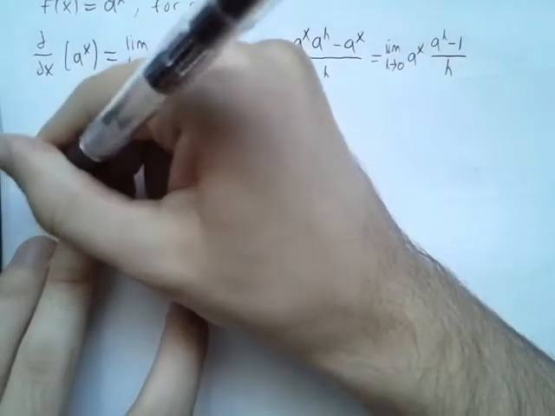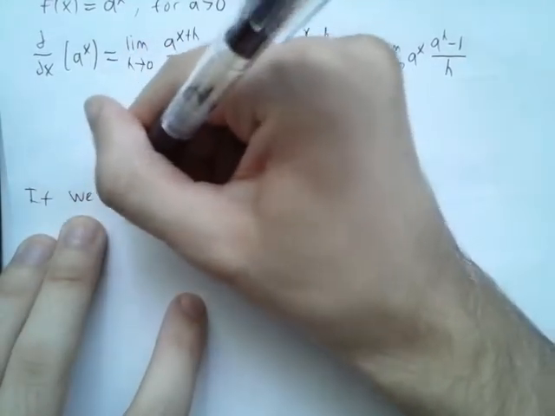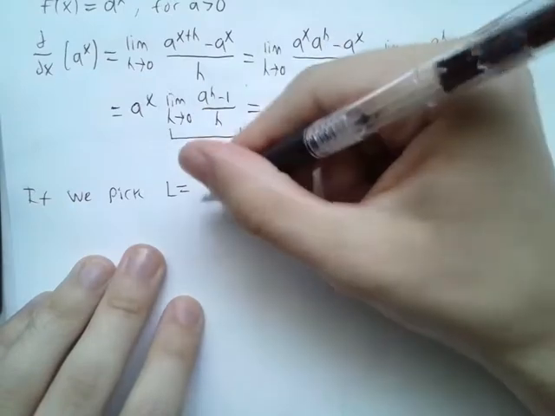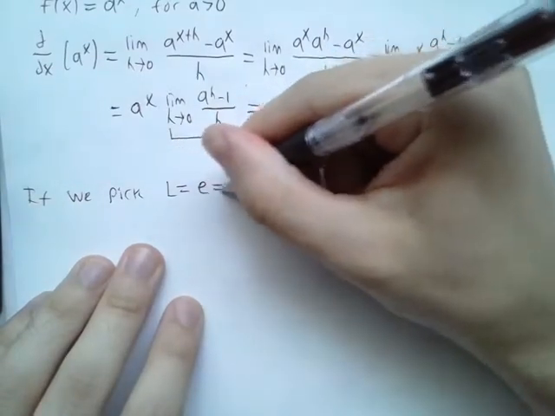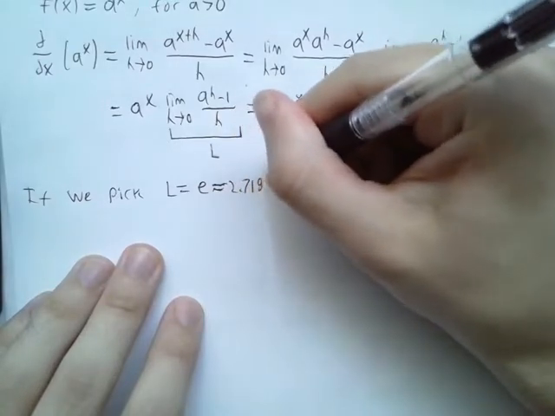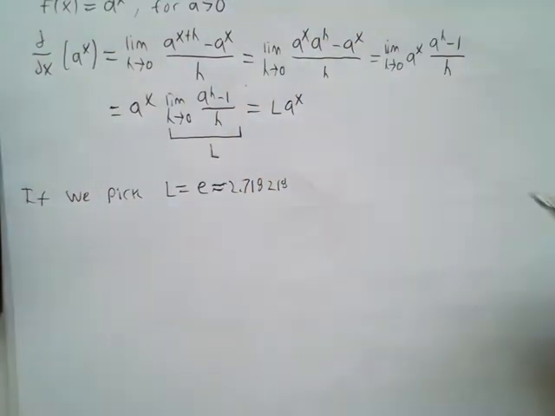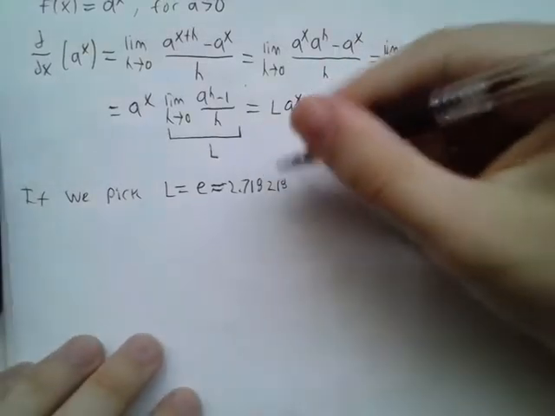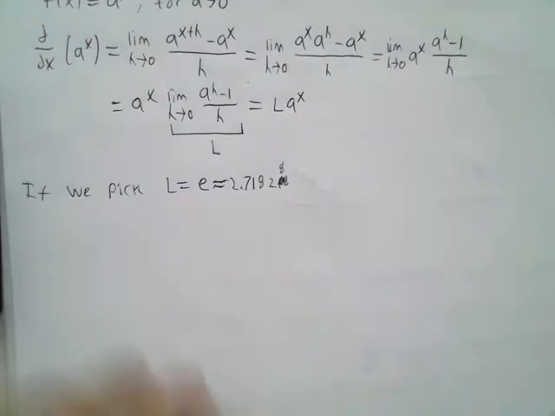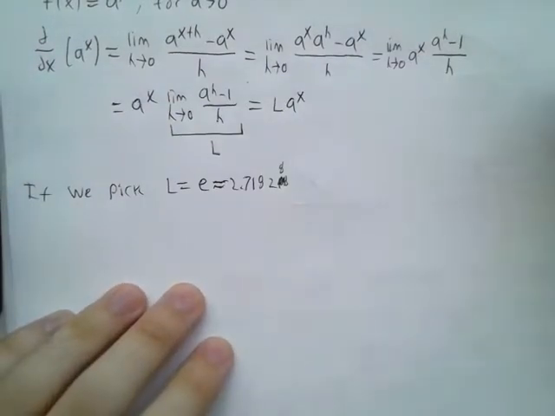So it turns out if we pick a to be equal to Euler's number e, which is approximately equal to 2.71828, well, whatever. 2.71 is probably sufficient for most cases.